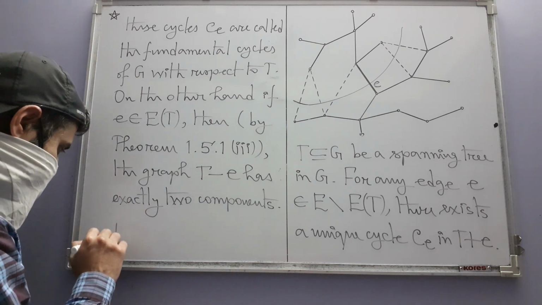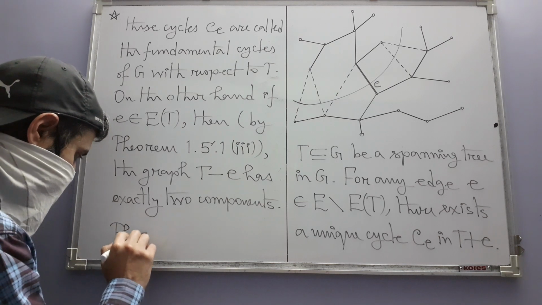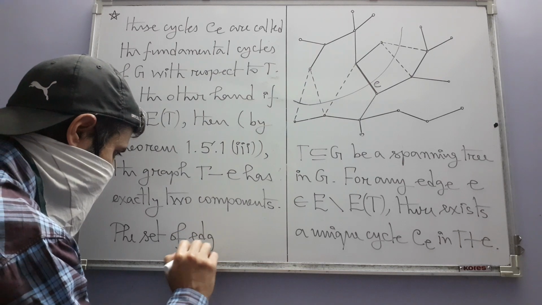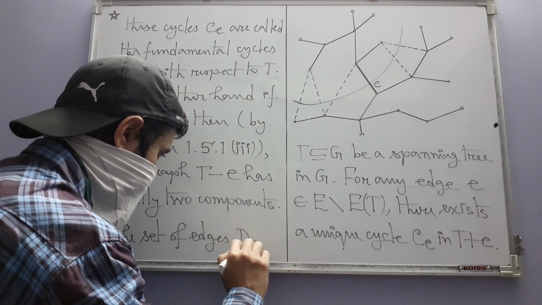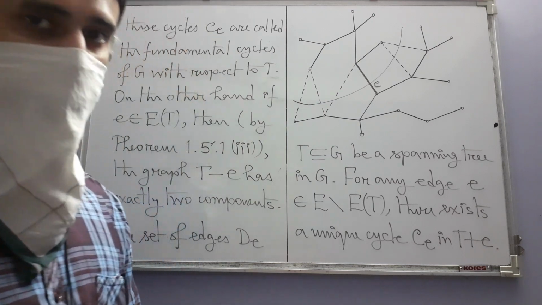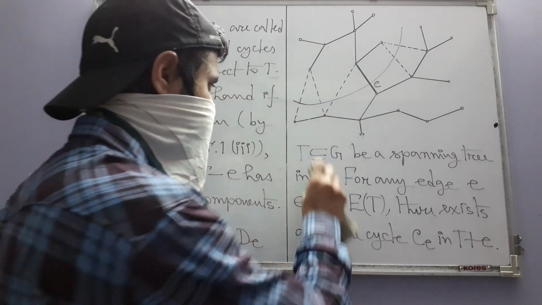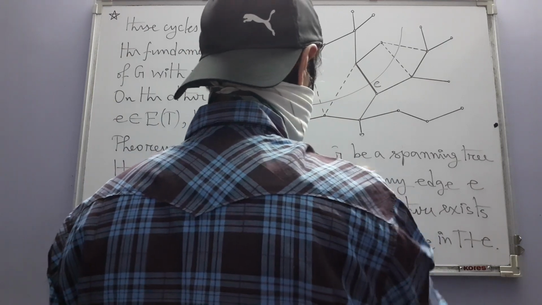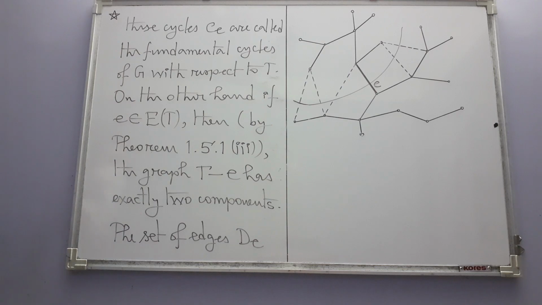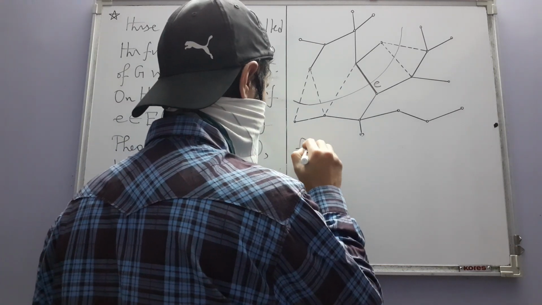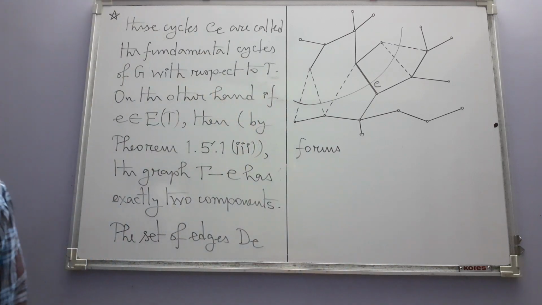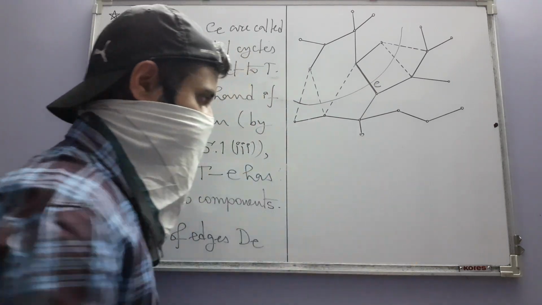The set of edges D_e between these two components forms a bond in G.